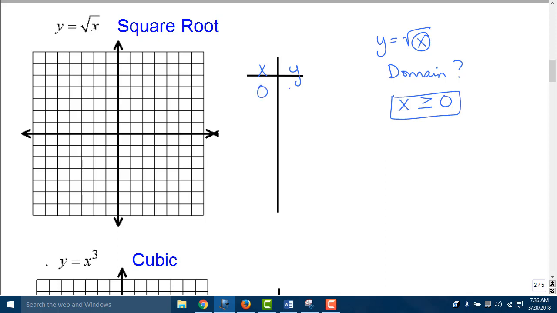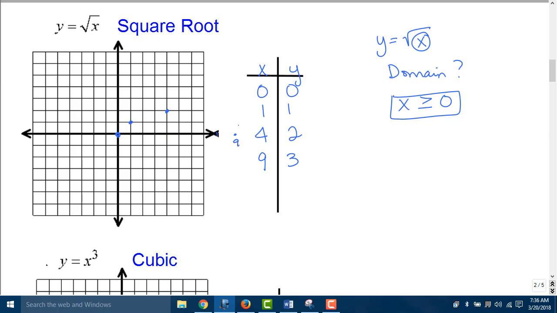The square root of 0 is 0. The square root of 1 is 1. Now I'm going to choose some easier numbers. What about 4? I know that the square root of 4 is 2. And if I were to choose one more, like 9, the square root of 9 is 3. 1, 2, 3, that's 4, 5, 6, 7, 8, 9.